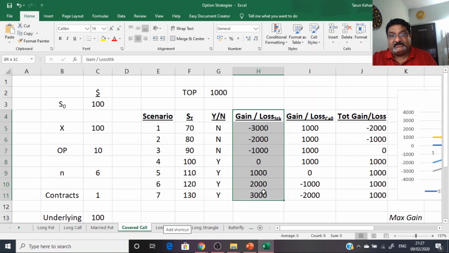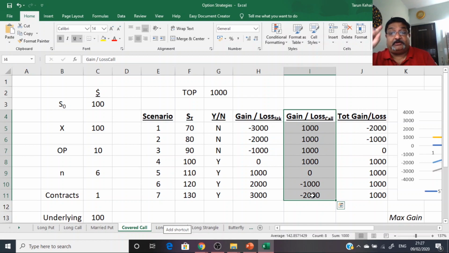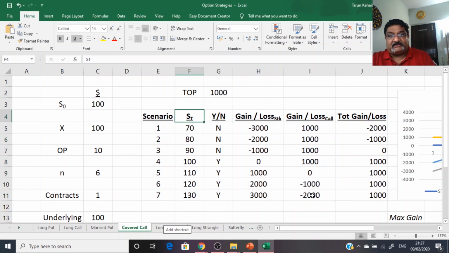First of all, calculate the gain or loss on the stock. Second, calculate the gain or loss on the call option that you have sold, not bought. So you will have to look at the gain or loss from the counterparty's perspective here. Will the counterparty exercise the option if the stock price at expiration is $70?